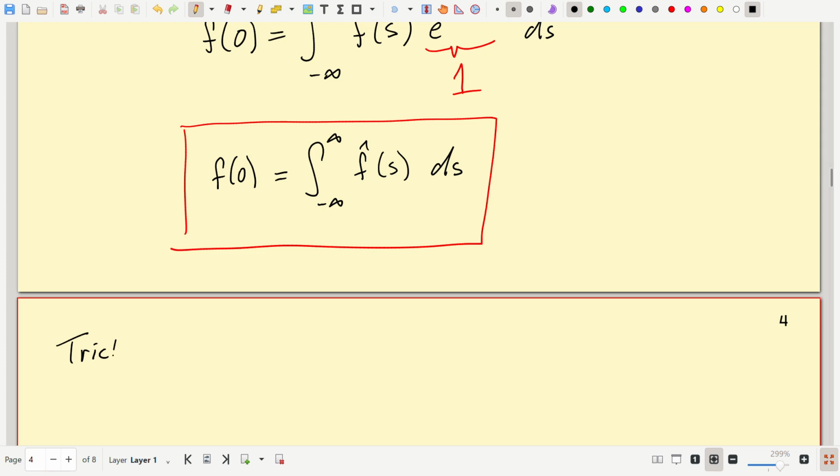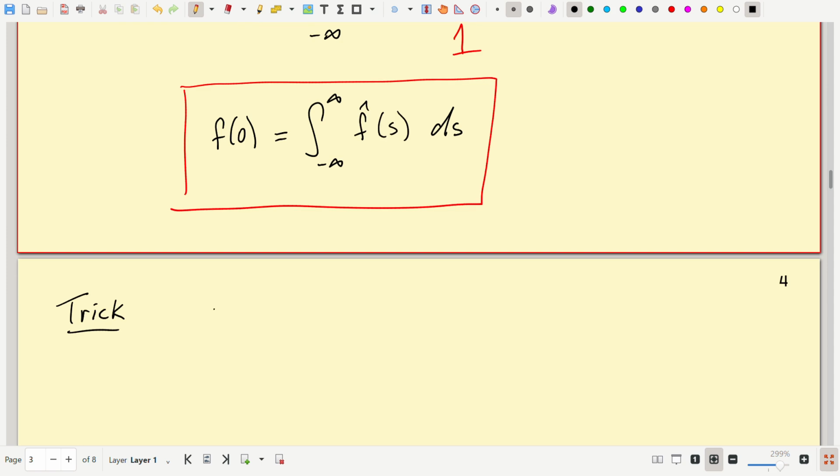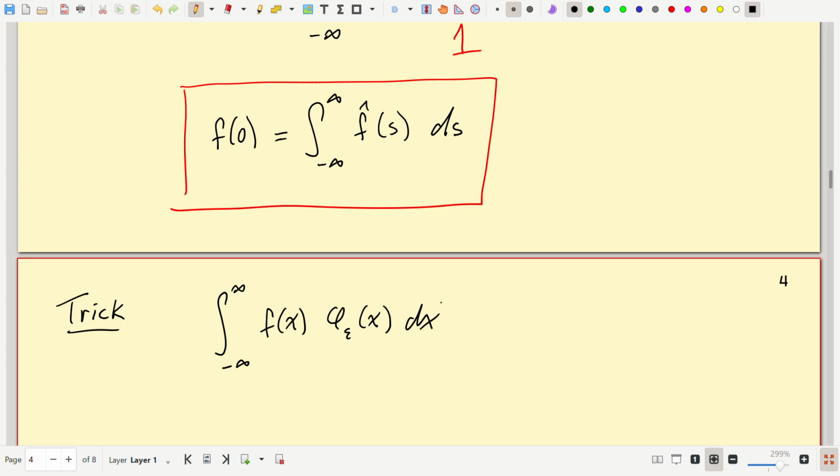The trick: the integral from minus infinity to infinity of f of x times the bump function phi sub epsilon of x dx. That's the convolution. So that's phi sub epsilon convolved with f at 0. And we know that goes to f of 0 as epsilon goes to 0.